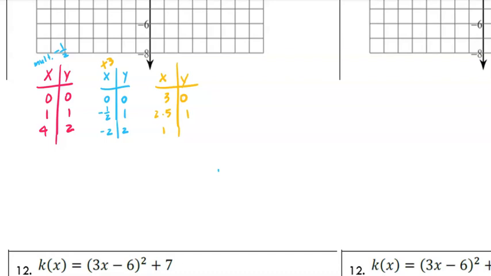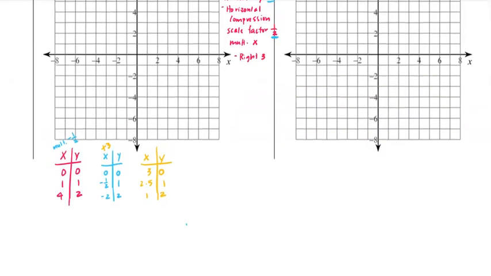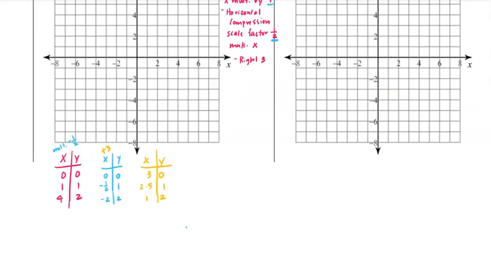And that's going to be 1, 2. Okay. Now, let's go ahead and graph those points. So we have a 3, 0 right there, and then a 2.5, 1, and then a 1 and a 2.